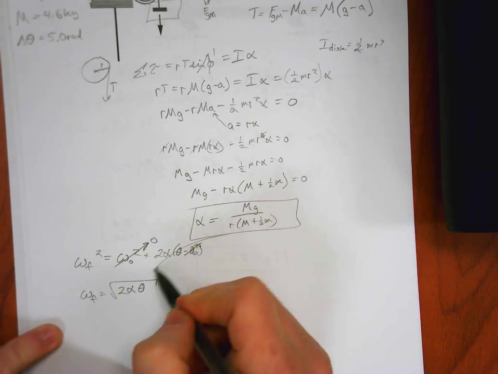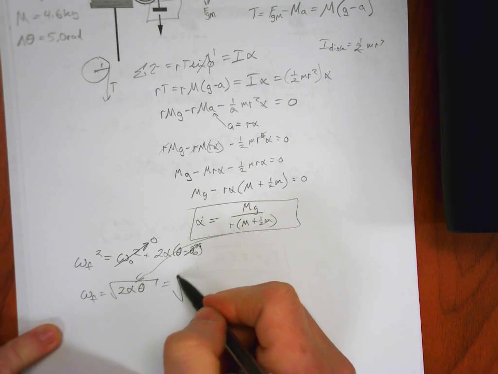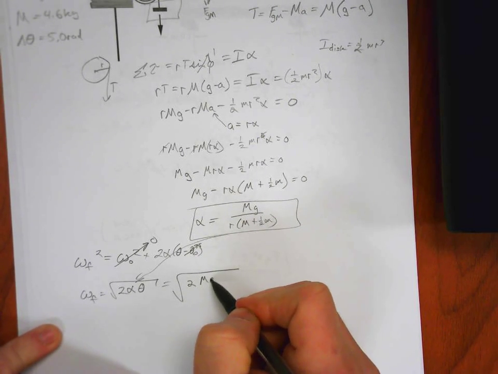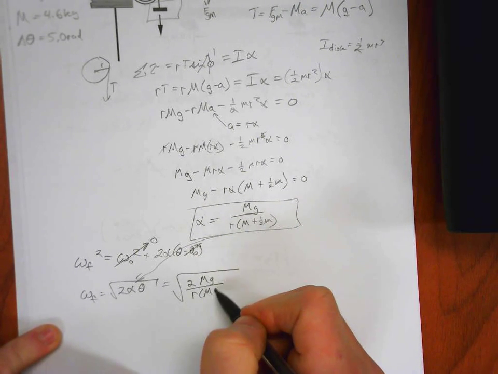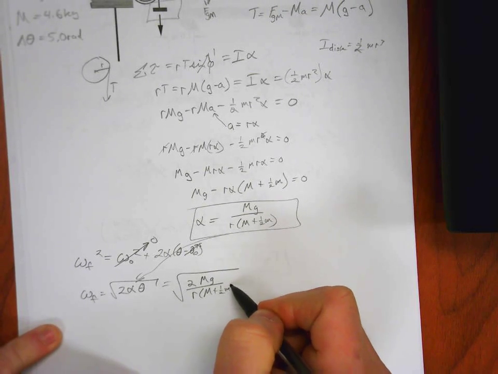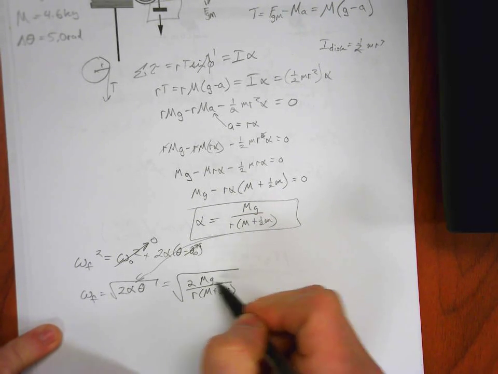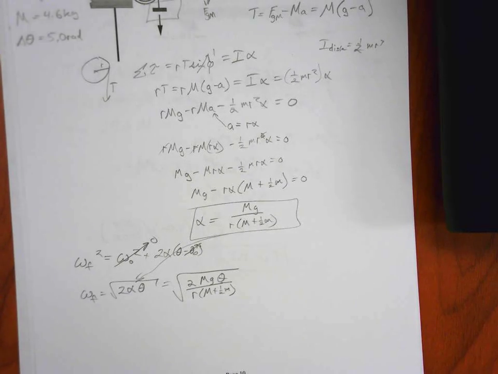Now we can bring alpha in, and that's equal to 2 mg over r times (M plus 1/2 little m). And don't forget the theta up there.